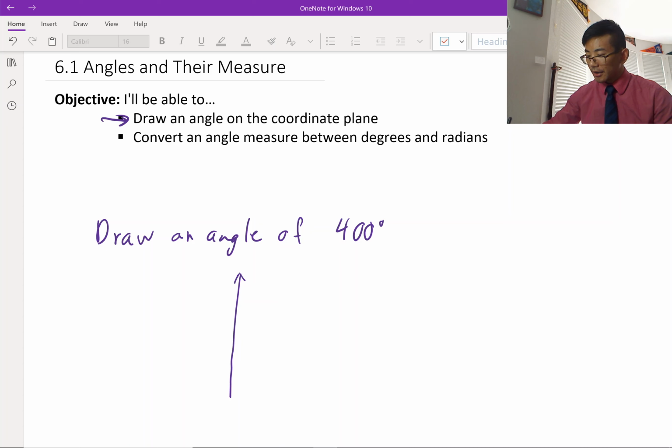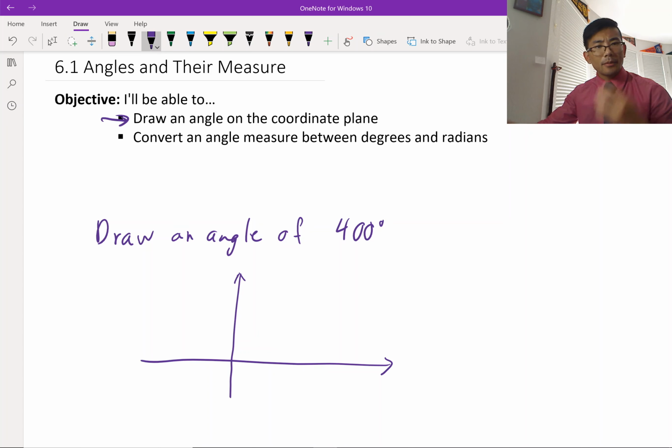So I'm going to draw my coordinate plane here. My initial side, I'm going to draw in green. That again is just the positive x-axis. That just stays there. Well, if I'm going 400 degrees, I know for sure I'm going around one revolution at least.